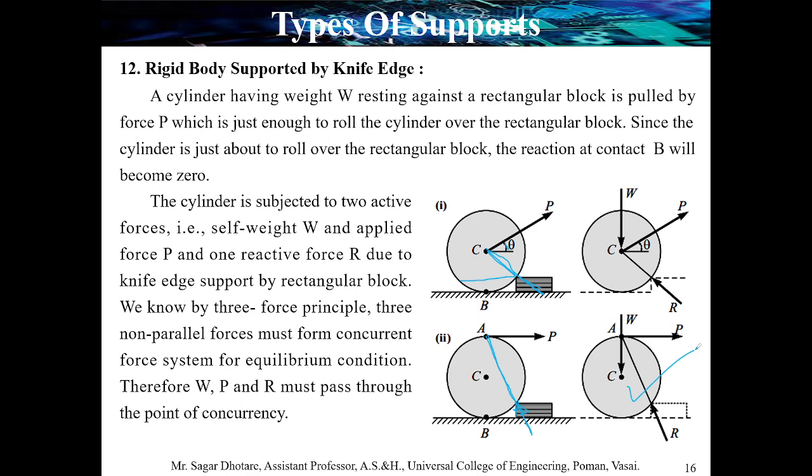I hope you are able to understand the difference between these two examples. The position of P is very important to identify the angle and direction of the reaction because of the knife edge.